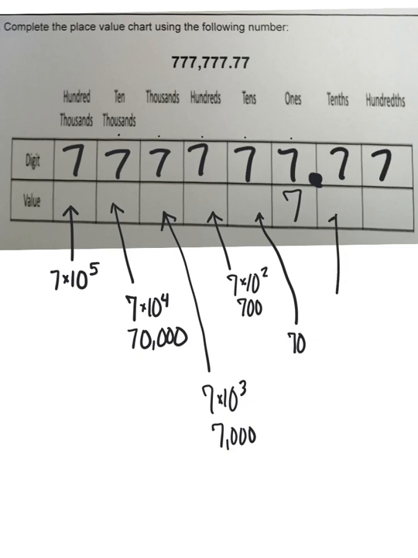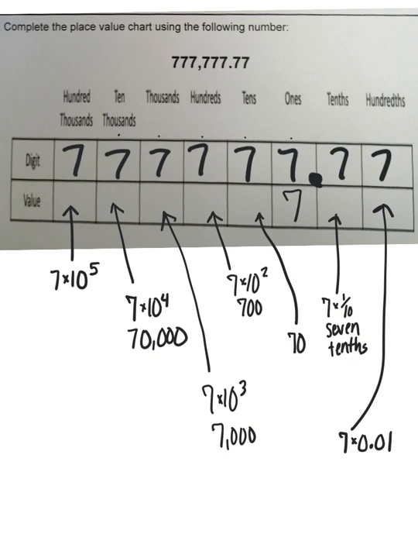The 7 in your tenths place you can write as 7 groups of 1/10, or you could write it in word form if you wanted, 7/10. And then last but not least, we have 7 groups of 1/100, or 7/100.